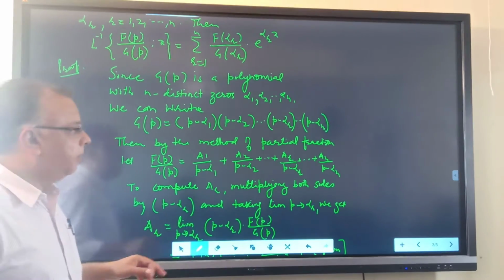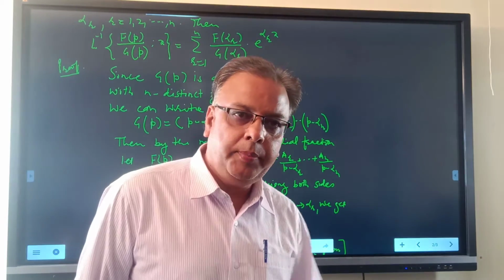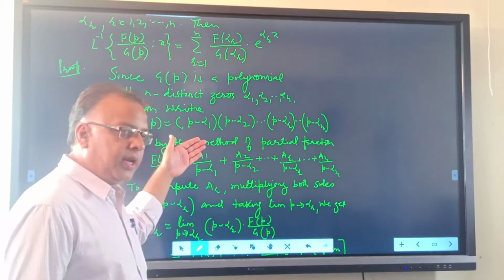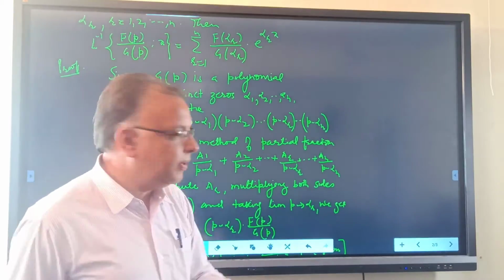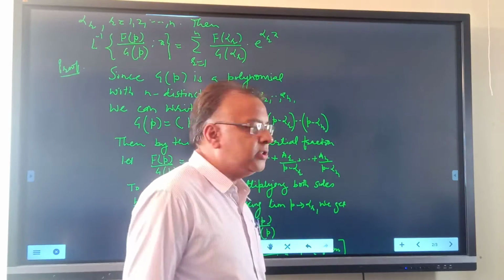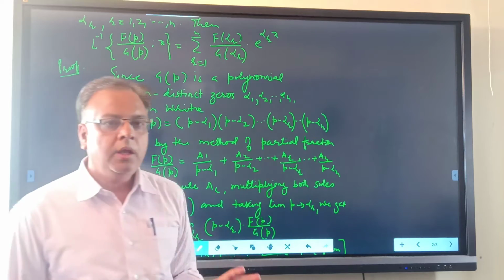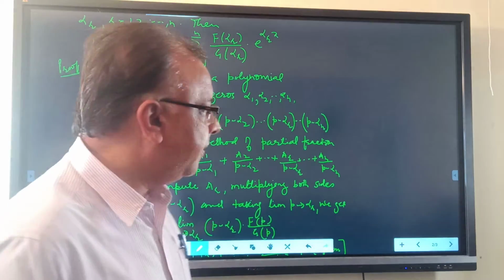So by the method of partial fractions, F(p) upon G(p) can be written as a1 upon p minus alpha 1 plus a2 upon p minus alpha 2 plus ar upon p minus alpha r plus an upon p minus alpha n.